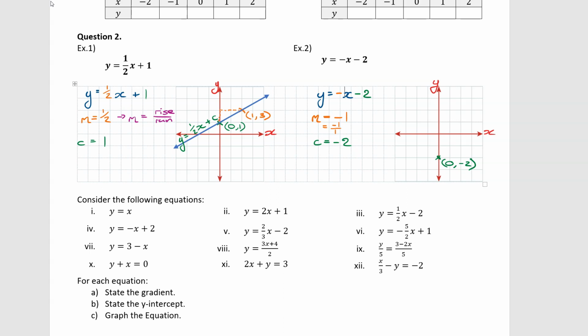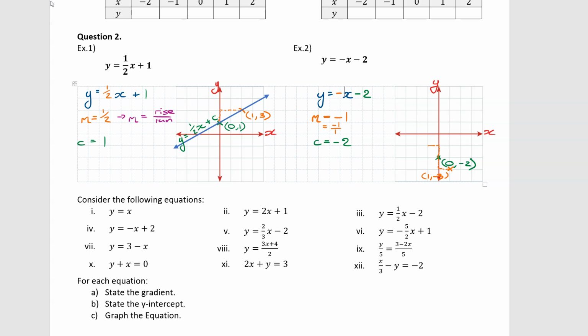In this case, we'll do both. So we'll go down 1, across 1, and it leads us to this point here. So therefore the point is going to be 1, minus 3. Or we can go the other way.